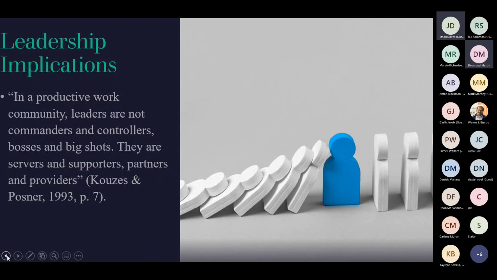This is telling me that a true leader is one that, as it says, there are servers and supporters, partners and providers, right? So it speaks more to participative leadership, getting involved with your fellow group members and getting your hands dirty with them in the trenches. Very much so, Dova. Very much so.